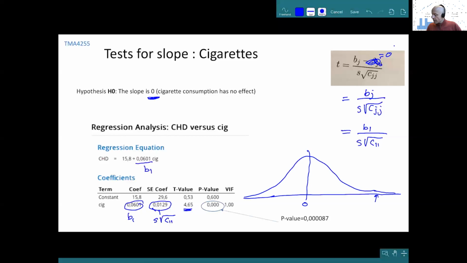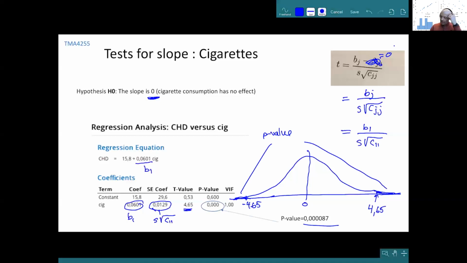This is our T value, 4.65, and there's a very slight chance of being out here. And we have the same at the other end, minus 4.65. And in the end, the P value is then this area on both sides, which is very small.